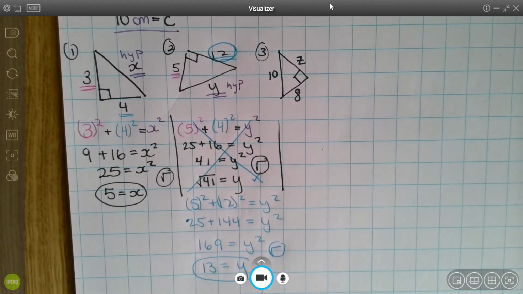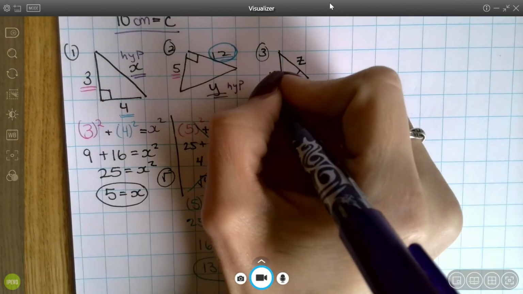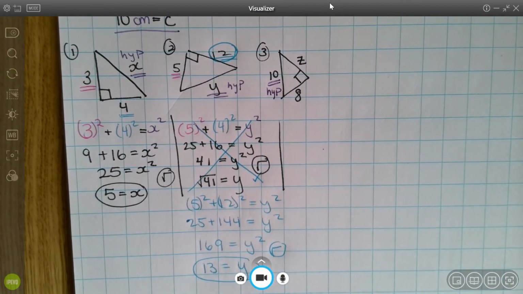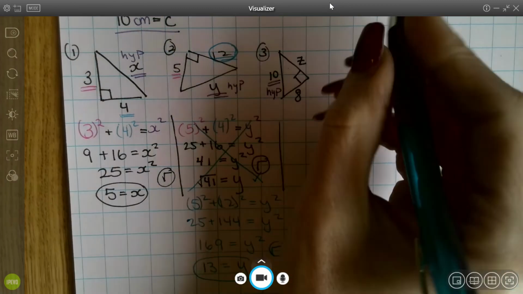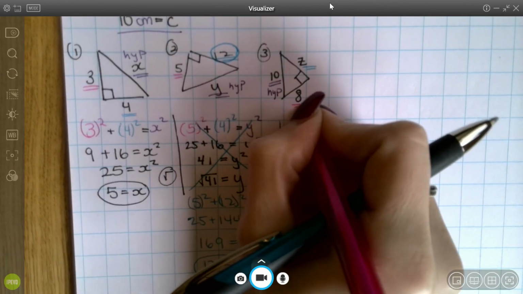Now, I purposely didn't do this one yet, and that is because we know our hypotenuse. If you correctly identified it, you should have said 10 is the hypotenuse, making z and 8 the sides.